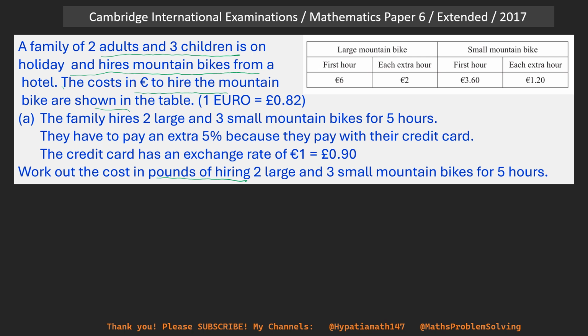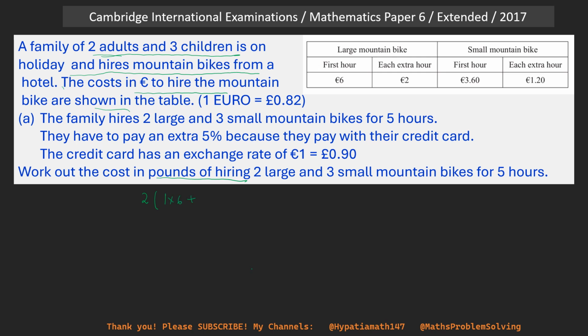So the cost of a large mountain bike. One bike for the first hour is £6, and there are 2 adults, so they would have 2 large mountain bikes. So you would do 2 multiplied by 1 times 6, and then plus £2 for extra hours.